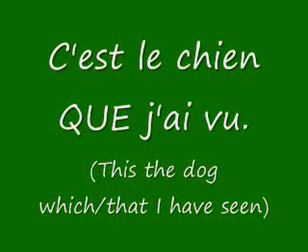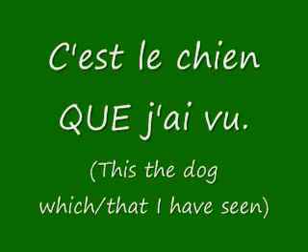Here again we have le chien as the antécédent. But this time le chien is not subject. Instead, le chien is the direct object of the verb in the dependent clause. Because the question that you ask is, who saw the dog? It is I who saw the dog.